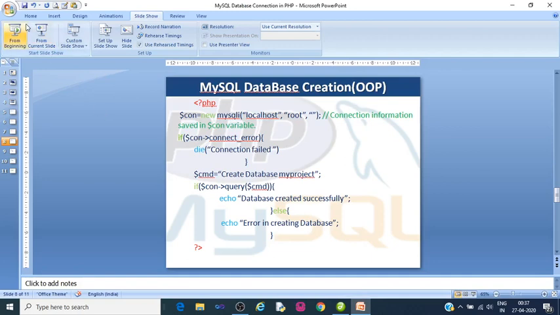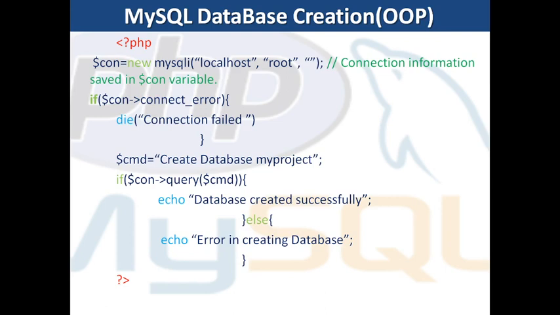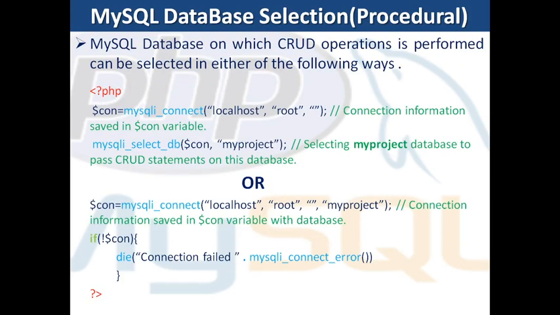So get back to our presentation. MySQL database selection. So we'll see in the procedural method, the MySQL database on which CRUD operations are performed can be selected in either of the following ways. First is $con = mysqli_connect.